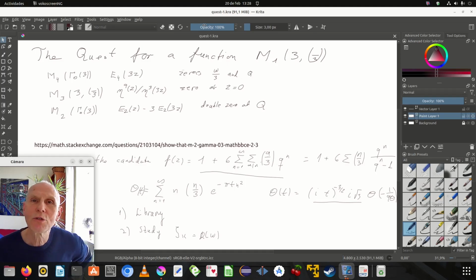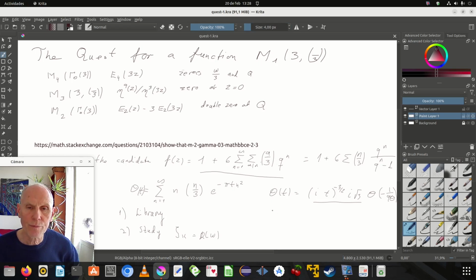So it's now Tuesday, February 20th. An update on the quest. I wasn't able to get anything sensible working on this function from chapter 2. Then I tried working on another function which should lead to this sum.